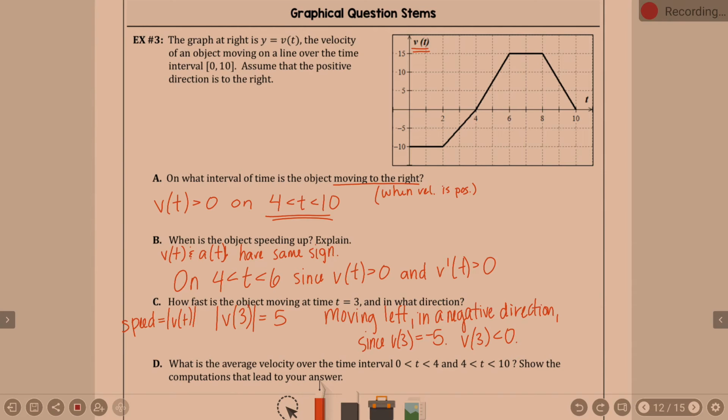So it's like 4, 0, and 6, 15. So it'd be like 15 minus 0 over 6 minus 4.